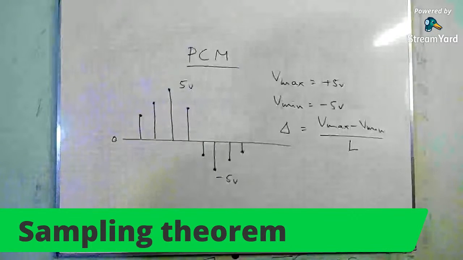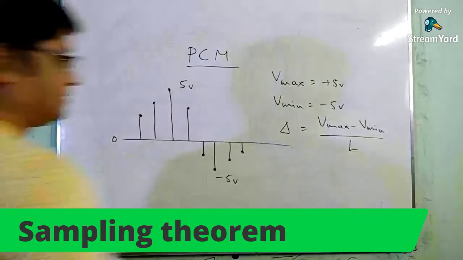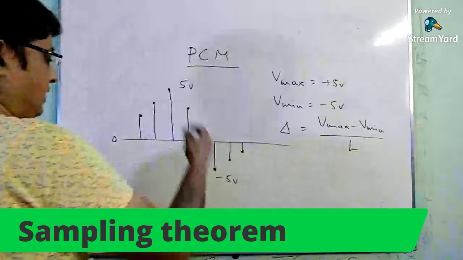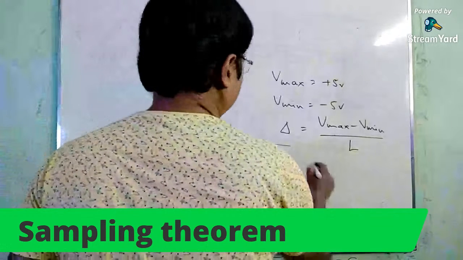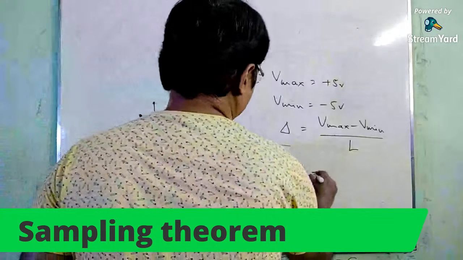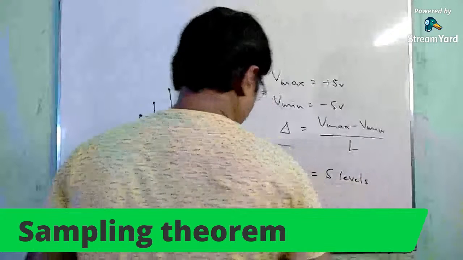Okay, now let us consider that we have decided to have 8 levels. So 5, 5, 10. Let it be 5 levels. Let L equal 5 levels, or 5 zones.